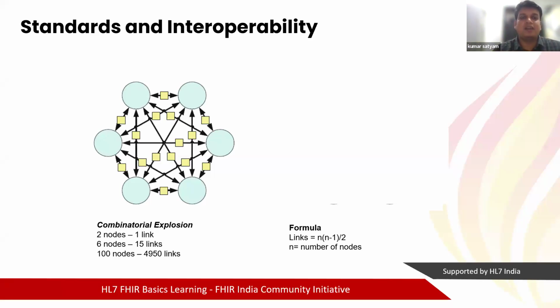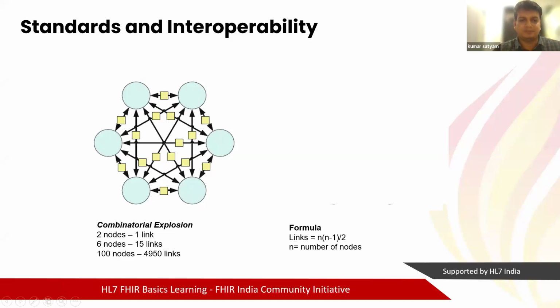They would know and they would attest to point-to-point connections: if system A and system B have to talk to each other, you will have to design an interface between system A and system B. If there are three systems, then you have to maintain three links, and so on and so forth. As the number of systems in your organization grows, if you are not using standards, then you will have to develop proprietary point-to-point connectivity.